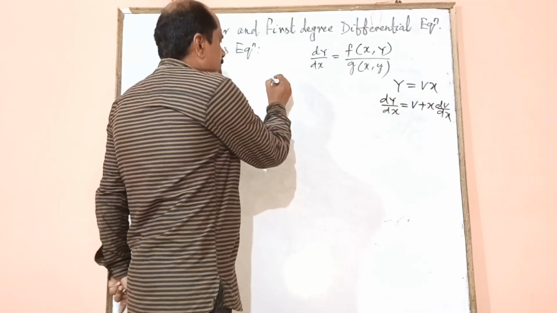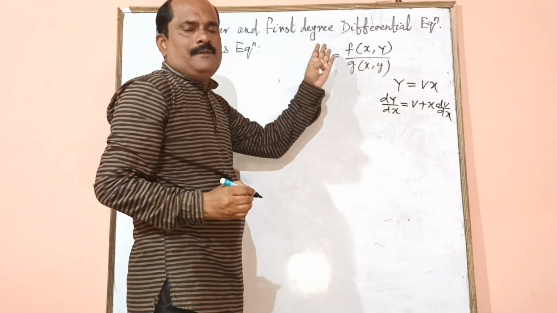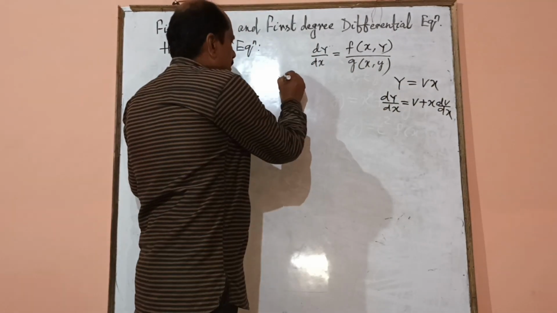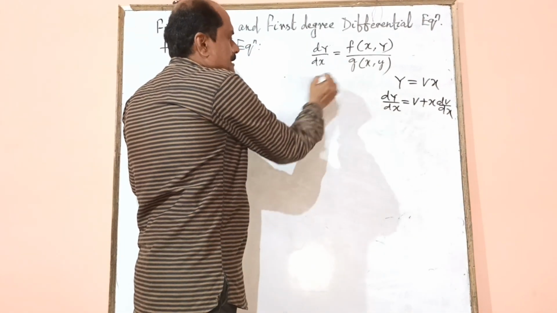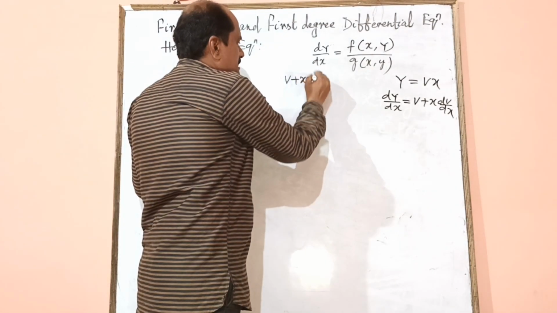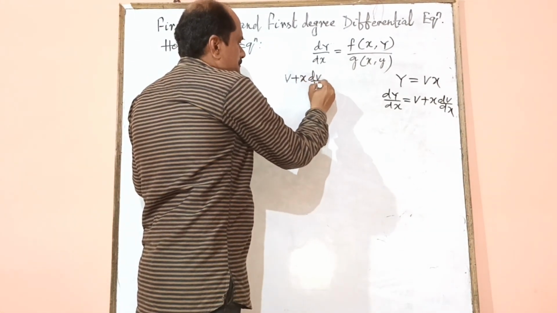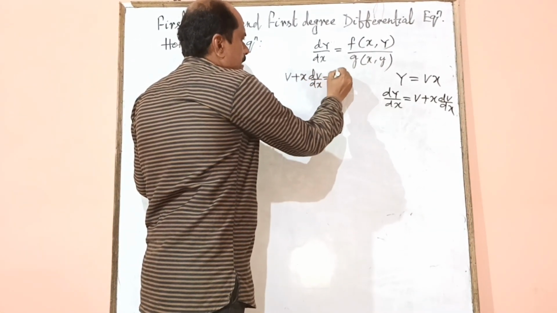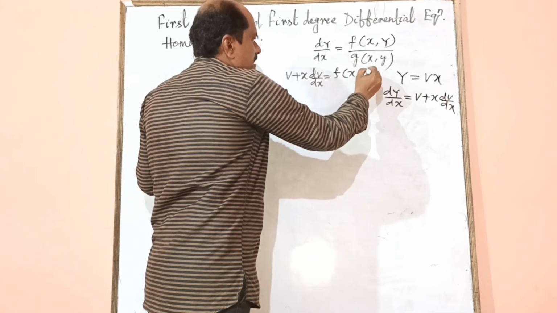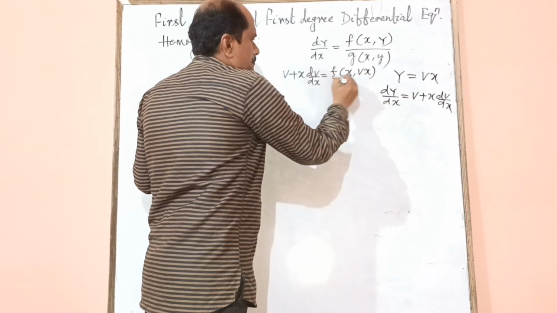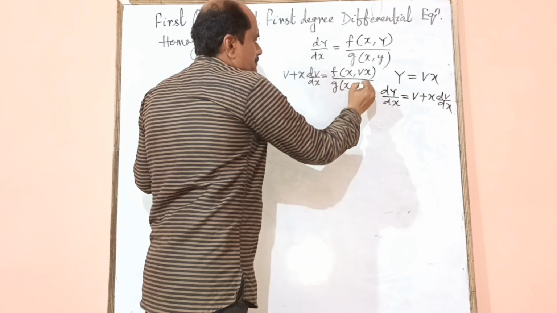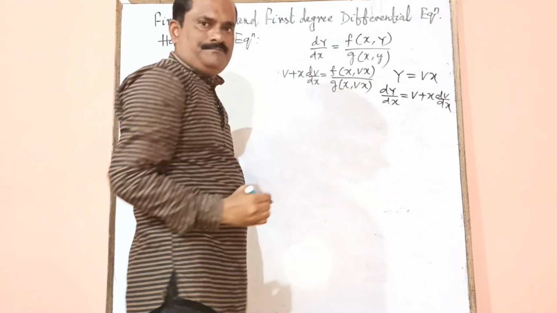Now we want to remove y from this equation by putting y is equal to vx. Now dy by dx is replaced by v plus x dv by dx, is equal to f(x, vx) by g(x, vx).